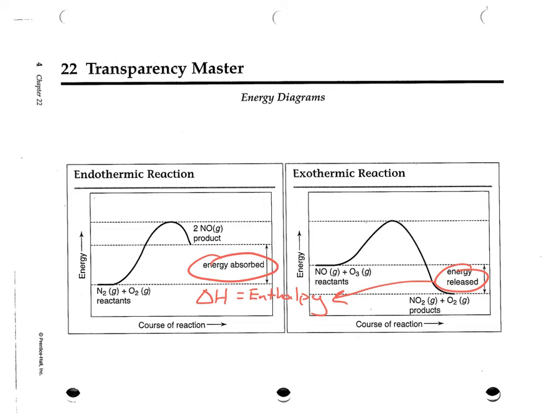An endothermic reaction is going to have a positive enthalpy change. An exothermic reaction is going to have a negative enthalpy change. Basically, think about it this way. It's the difference between the energy content of the reactants and the energy content of the products. So in an exothermic reaction, that energy content has to go down, whereas in an endothermic reaction, that energy content has to go up.